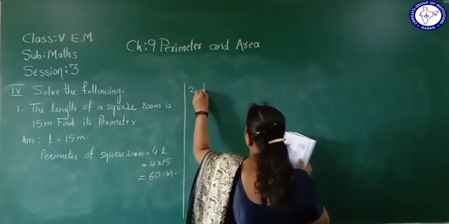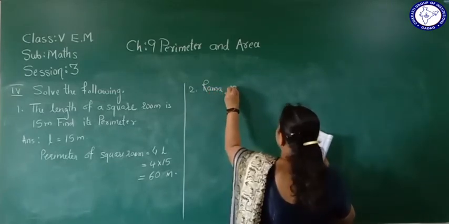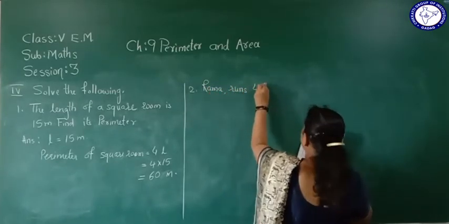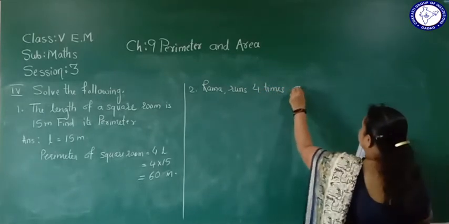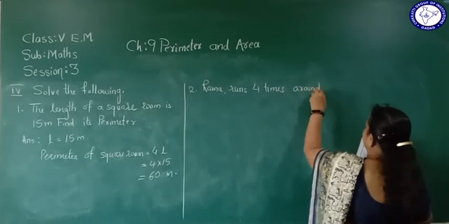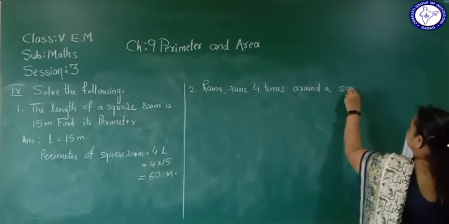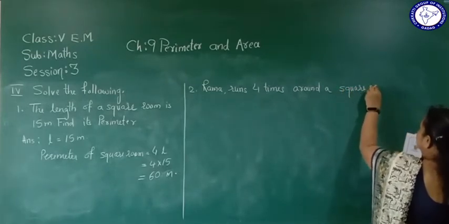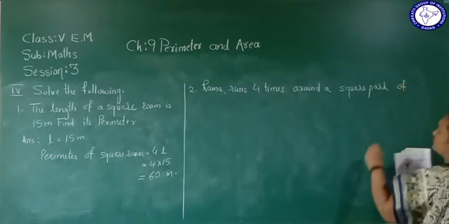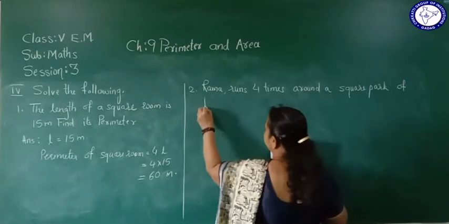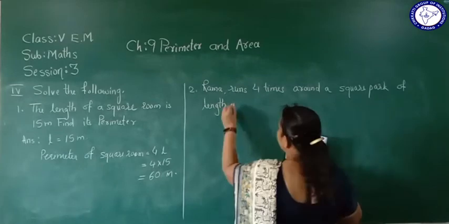Rama runs 4 times around a square park of length 85 meter.